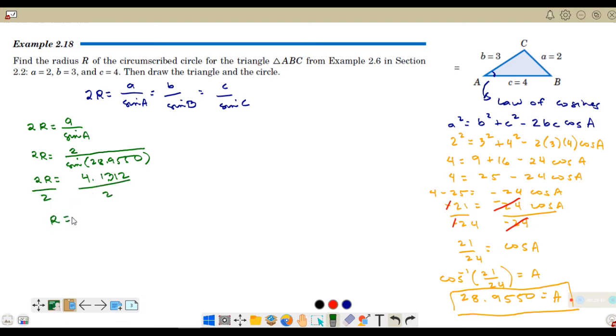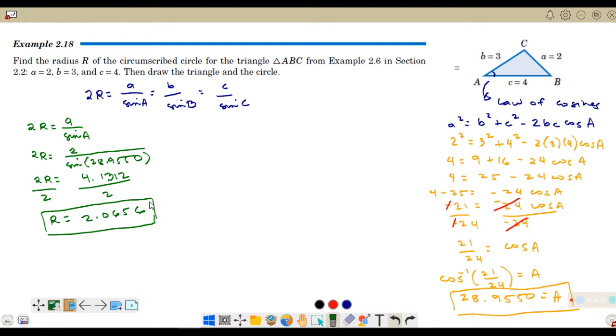R is equal to... I ended up with 2.0656. Ito yung answer ko for the radius R.